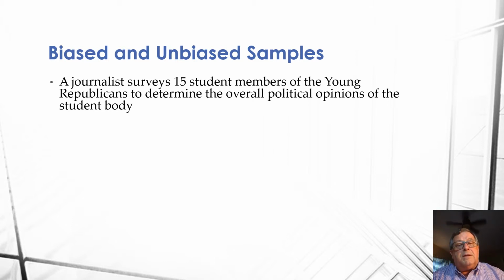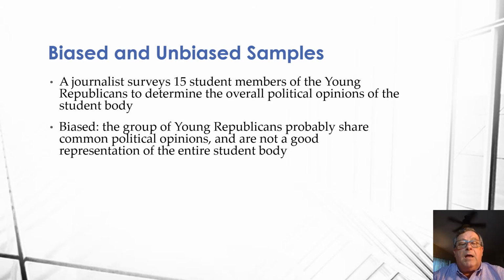Well, certainly this we would have to say is a biased survey, because this group of young Republicans, they probably tend to have more common opinions, and it's not a good representation of the entire student body. At the same time, if you went after the libertarian group, well, they're going to have similar opinions, and that may not be reflective of the entire student body.